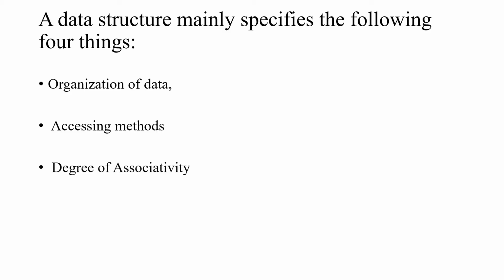Accessing is the kind of interfaces, or functions, we use to retrieve information from that particular data structure. Third, degree of associativity, that is how strongly the data and the interfaces are associated with each other. And fourth is processing alternatives of information.